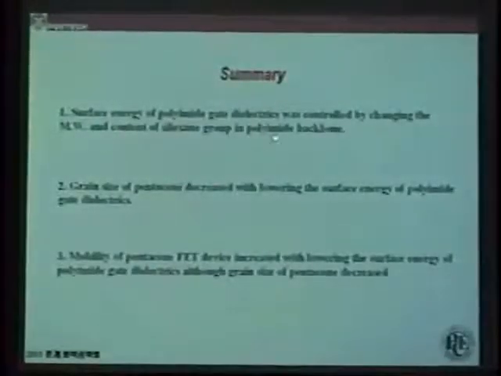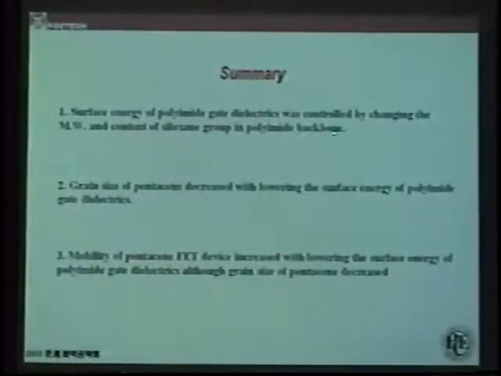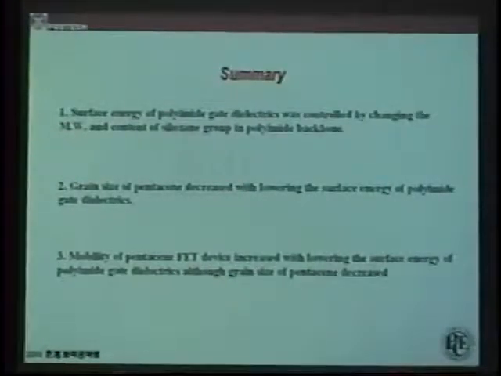In summary, we varied the surface energy of the polyimide gate dielectric layer by incorporating a siloxane group. By decreasing the surface energy, we have reduced grain size, but better mobility, more than 2 times or 3 times. Next.